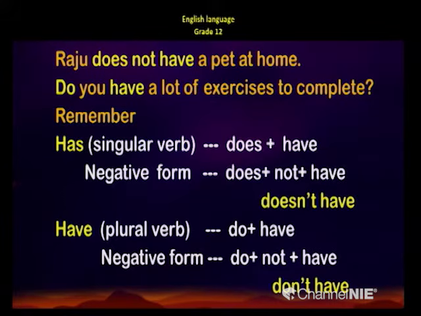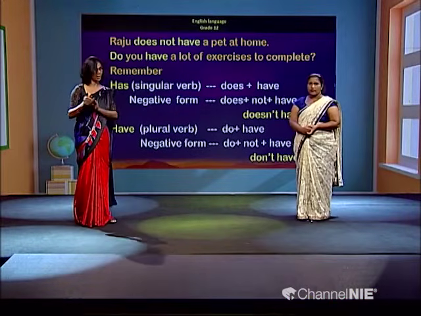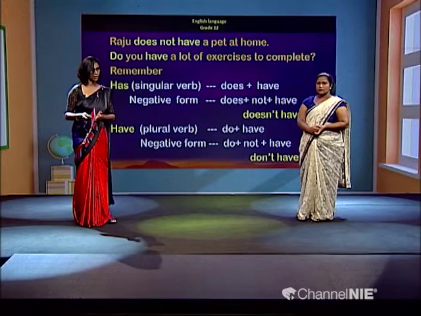Now the verb have is plural. So what you have got to do is break it into do plus have. Then to form the negative, once again, add not in between do and have. Then you get the negative form don't have. So then you can easily understand the first sentence: Raju does not have a pet at home.